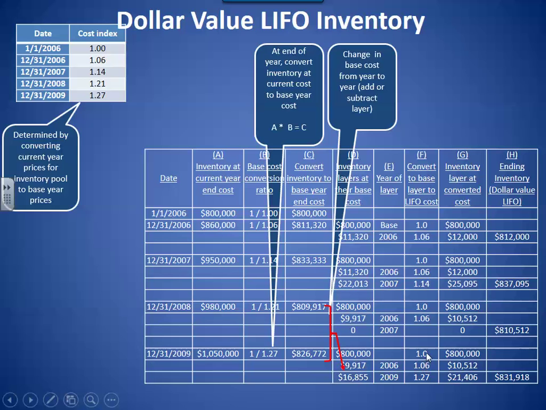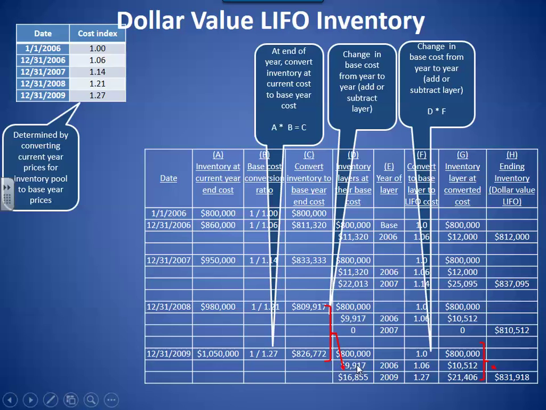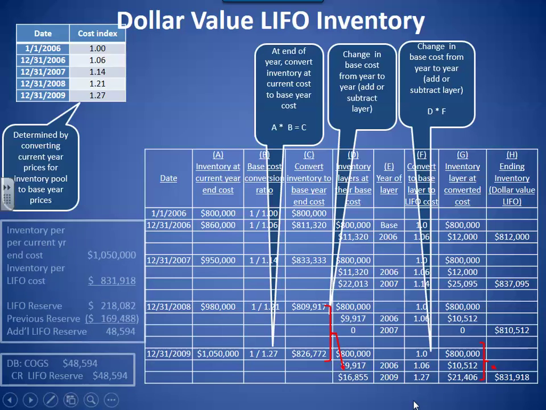We take all three of these layers: 800,000 times 1.0 equals 800,000; $9,917 times 1.06 equals 10,512; and $16,855, which is our 2009 layer, times 1.27 equals 21,406. All three of these layers added together come up to $831,918. That's the value of the inventory at LIFO.